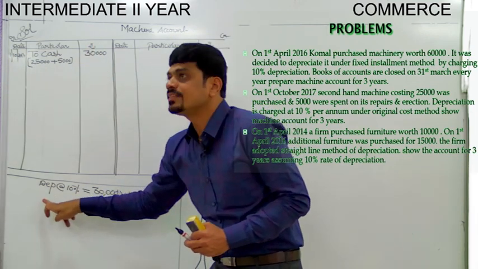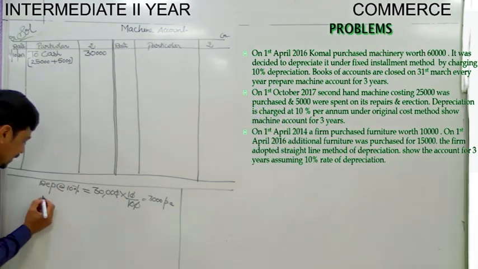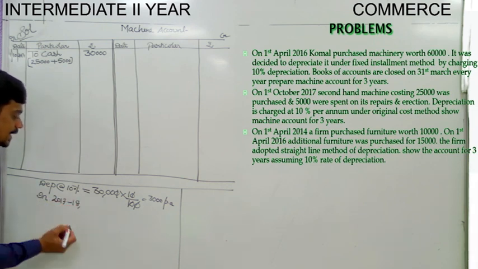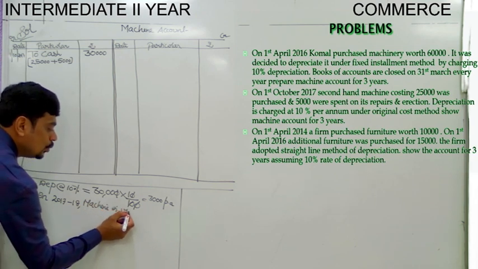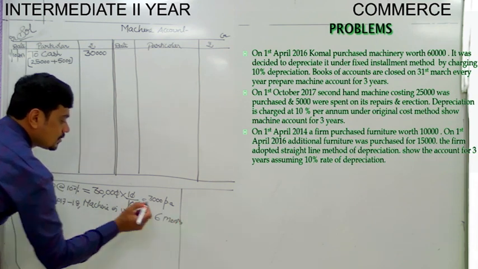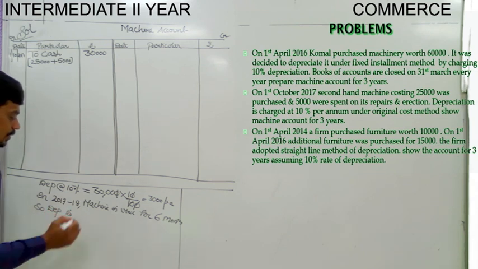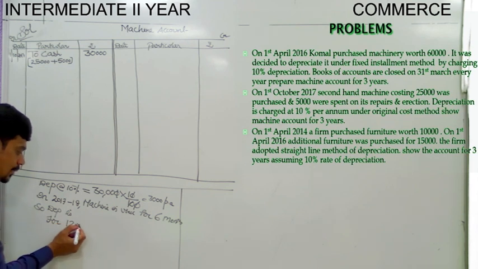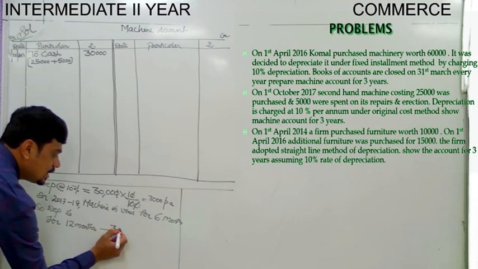So here we'll write a comment for our convenience. In 2017 to 2018, the machine is used for how many months? For 6 months. So depreciation is proportionate. For 12 months, how much is depreciation? 3,000.